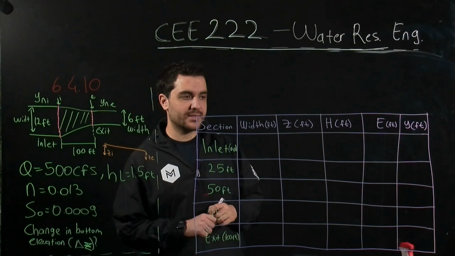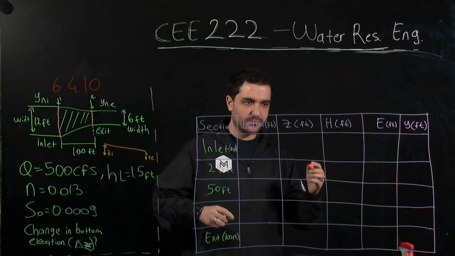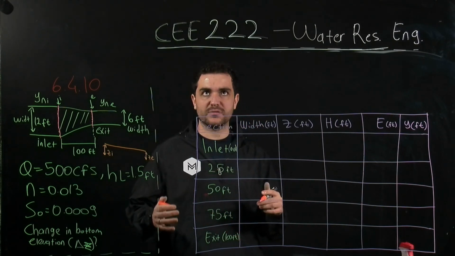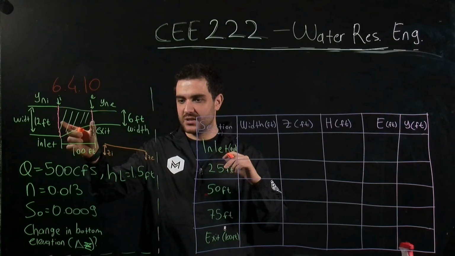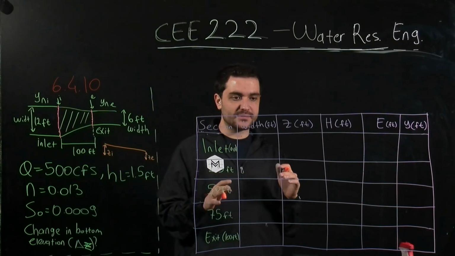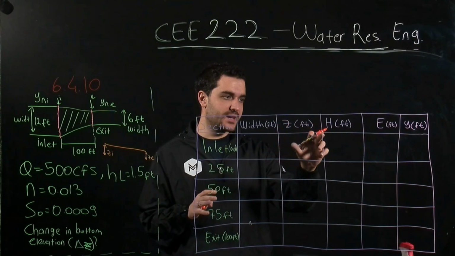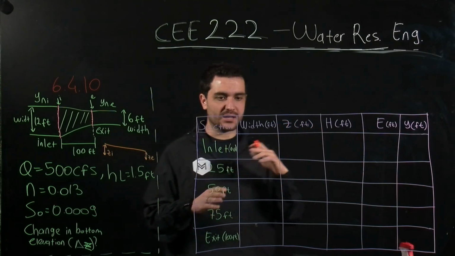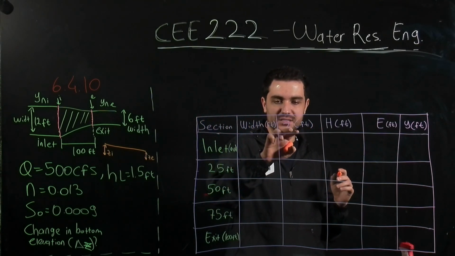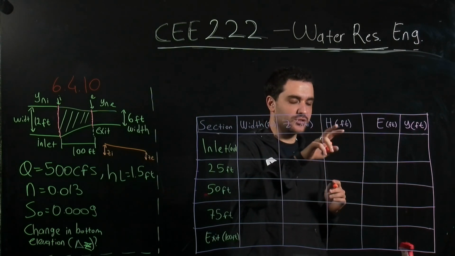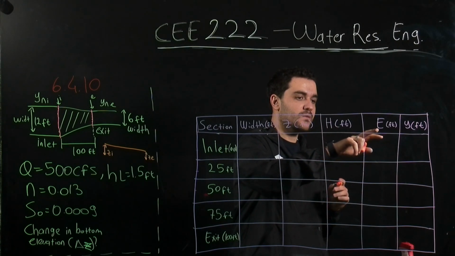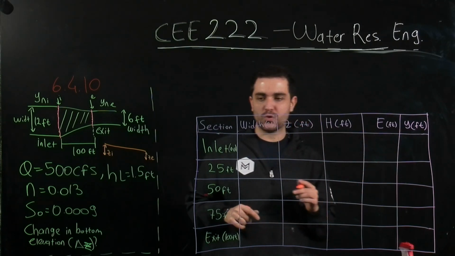Now let's continue with this table, because we needed to find the water surface profile in this transition channel. I wrote everything we have so that we can calculate: the width, the channel bottom elevation, the energy head, the total energy, the specific energy, and the water depth.